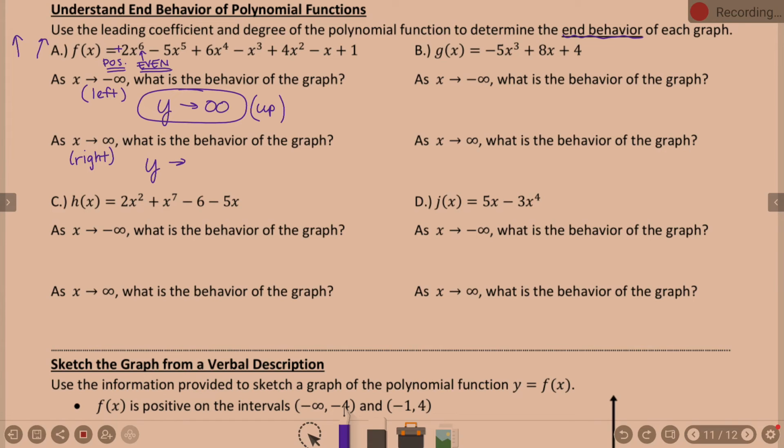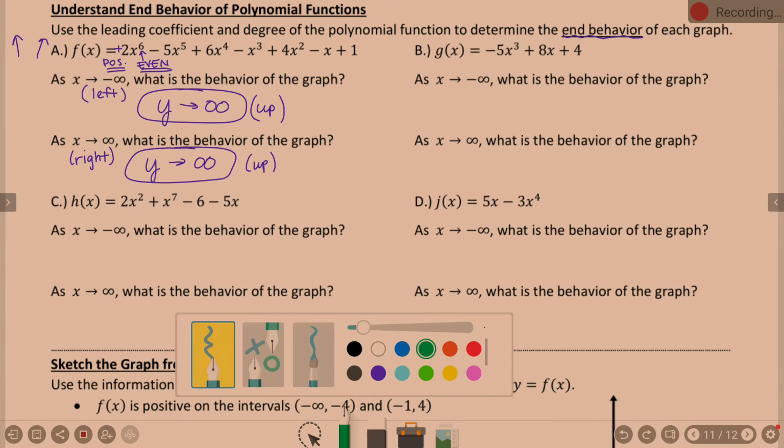Y approaches positive infinity. Yeah. So it's the same answer in both cases. Okay? And that's because both sides of my graph are going up. Have I made sense of this so far? Okay. Let's go over here and try B.